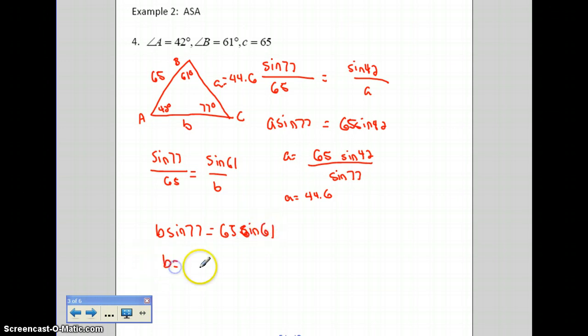So you get B to equal 65 sine 61 over the sine of 77. And when I do my math, I get B to equal 58.3.